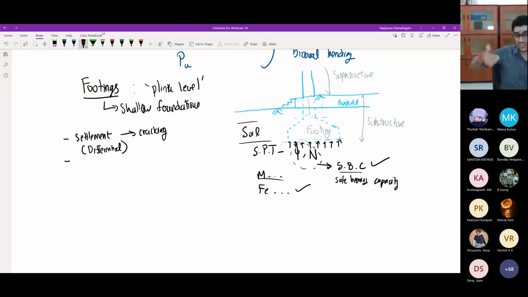Because of this, when you have something like this, say this side is settling. So if this side settles, say this is the type of settlement that is happening in your structure. Basically, the soil will try to push this up, and this will try to be taken down a bit.